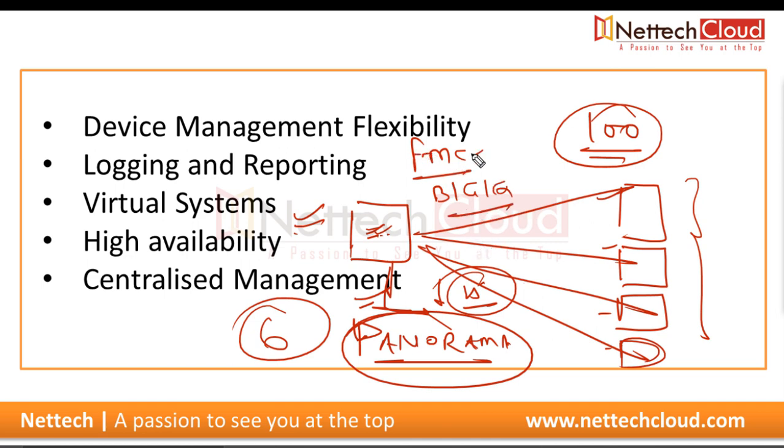Different vendors have different management servers, because it's a need. If you want to manage 100 or 200 devices, local management will definitely be very difficult. So if you don't want to manage devices locally, then of course a centralized management solution is here, like in Palo Alto firewall, and that is Panorama.